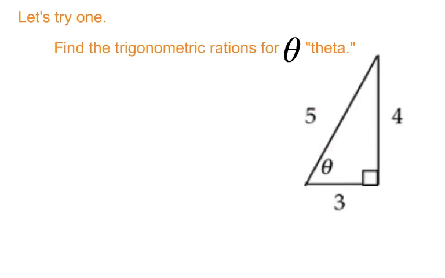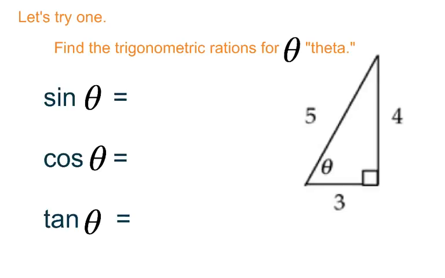So let's find the trigonometric ratios for theta. Sine theta is equal to the opposite divided by the hypotenuse, which is 4 divided by 5.